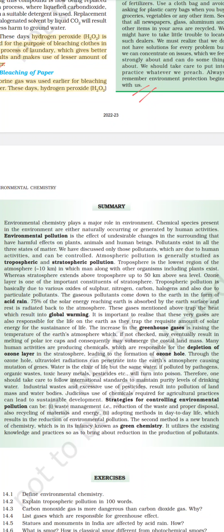The gaseous pollutants come down to the earth in the form of acid rain. 75% of the solar energy reaching earth is absorbed by the earth's surface and the rest is radiated back to the atmosphere. These gases mentioned above trap the heat which results in global warming.